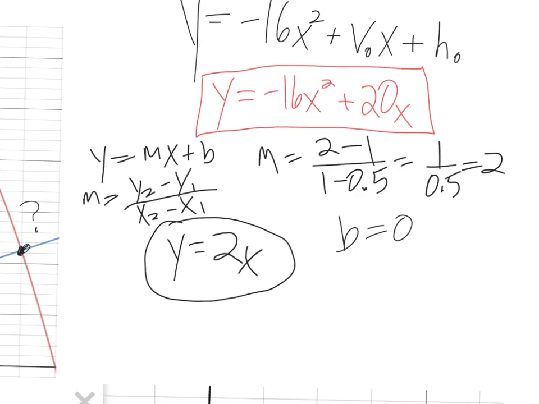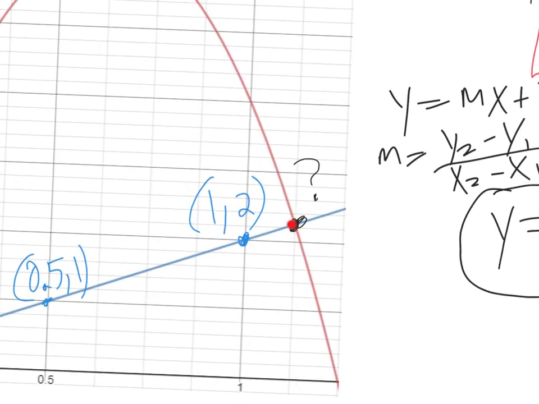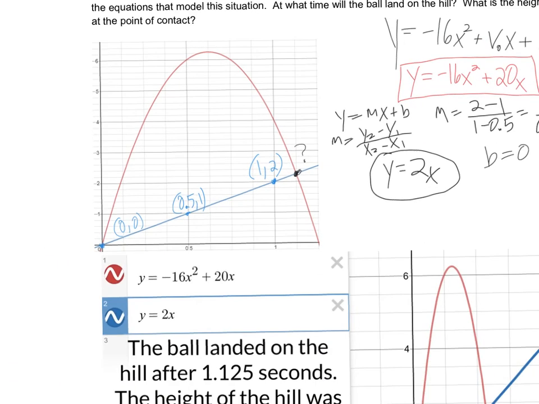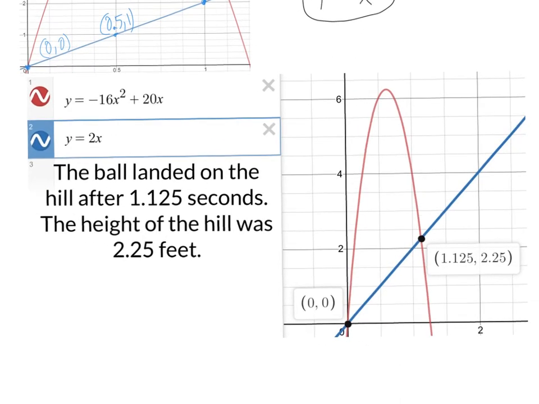And so you can kind of estimate where the answer will be here, but to get the exact answer, you'll want to graph it and look at the point of intersection. And just remember, x is time, y is the height. So the ball was in the air for 1.125 seconds, and then it landed on the hill 2.25 feet up from the base of it, I guess.